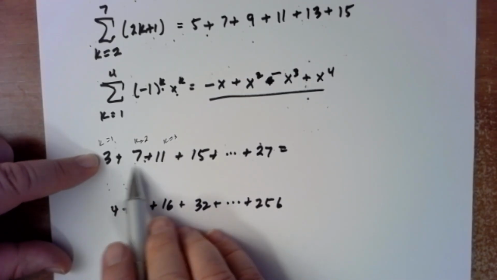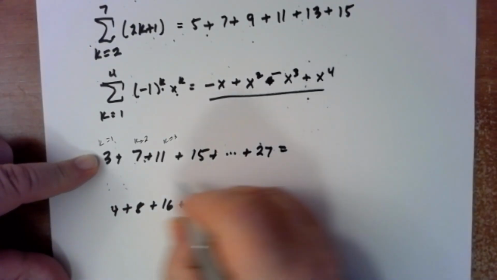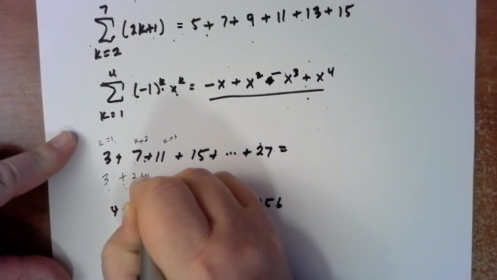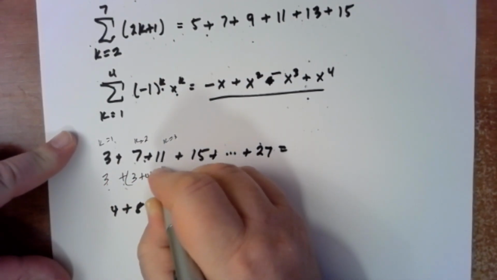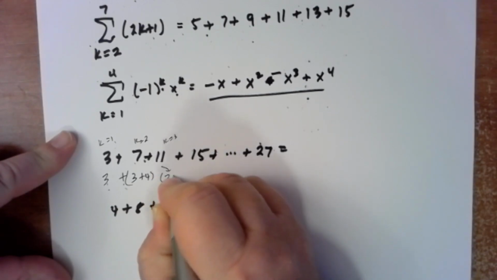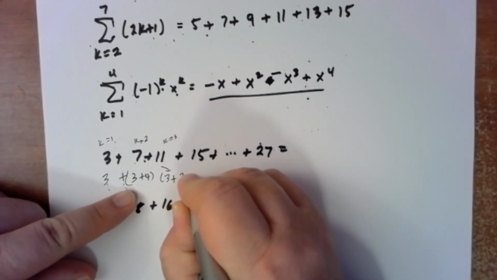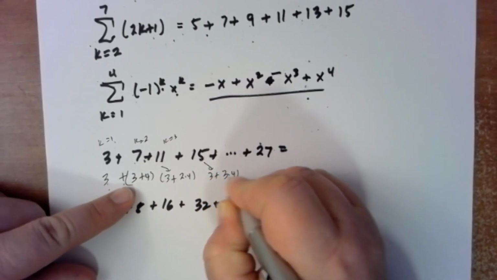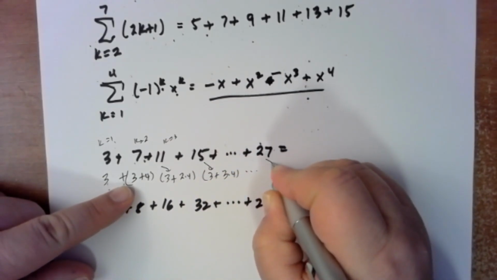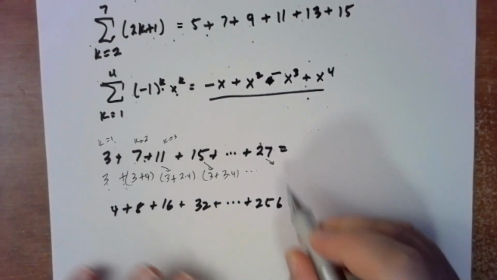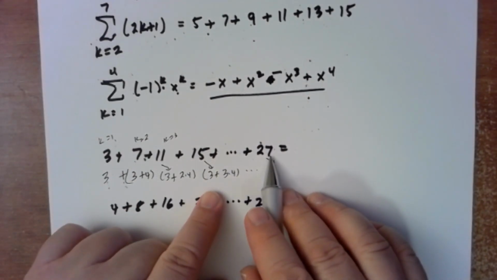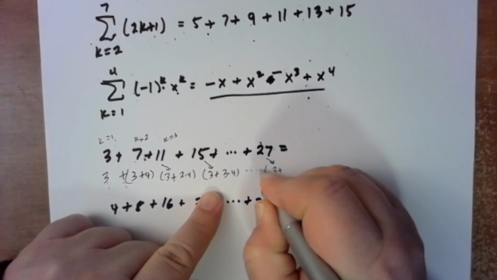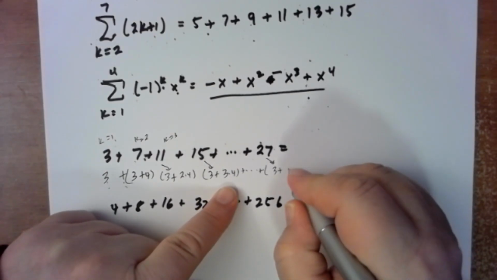Another way to say that is, let me rewrite it underneath. This is 3, this is 3 plus 4, this one is 3 plus 2 times 4, this one would be 3 plus 3 times 4, and so on. And what would 27 be then? Well, if I subtract 3 from 27, that would be 24, right? So I'm going to have a 3 plus something times 4.